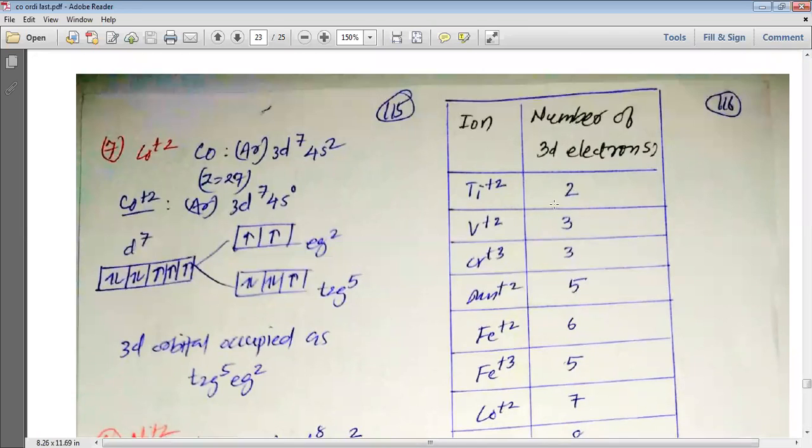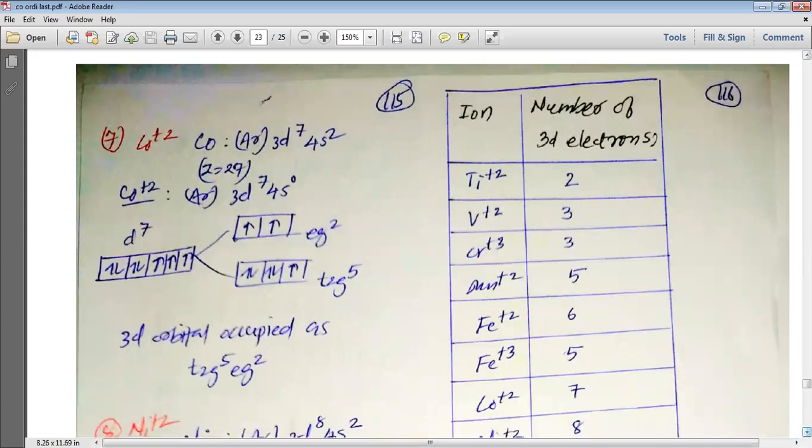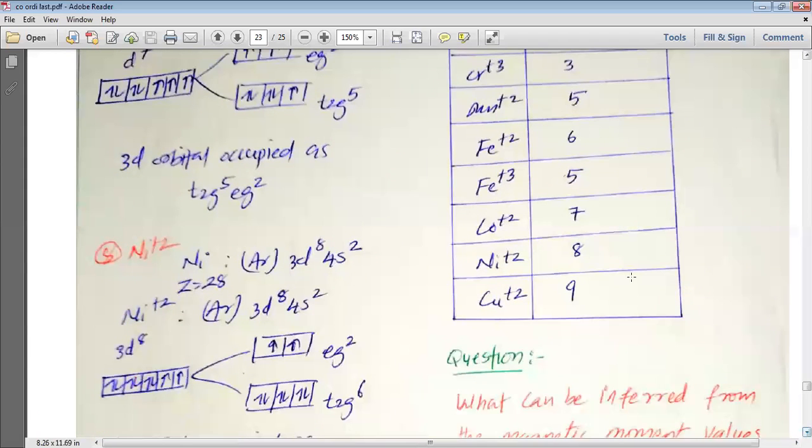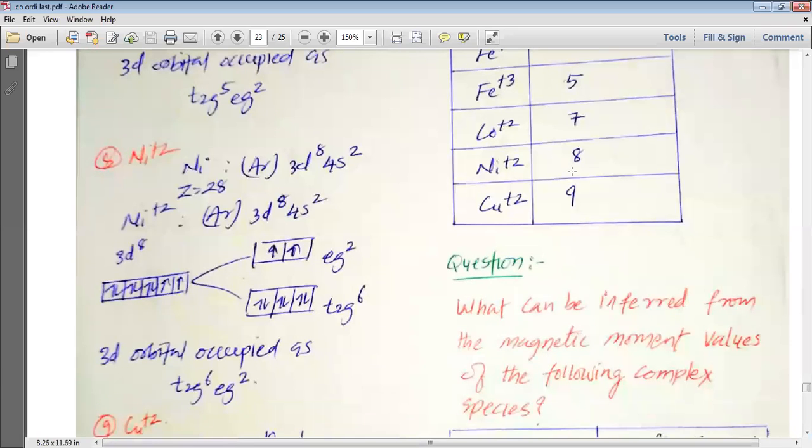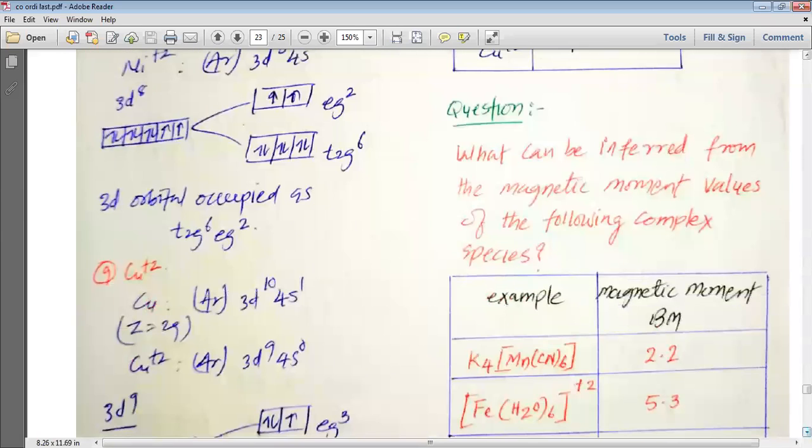I have made a mistake. So Ti plus 2 has 2 electrons, vanadium plus 2 has 3 electrons, Cr plus 3 has 3 electrons in the d orbital, Mn plus 2 has 5 electrons in the d orbital, Fe plus 2 has 6, Fe plus 3 has 5, Co plus 2 has 7, Ni plus 2 has 8, and Cu plus 2 has 9 electrons in the d orbital.